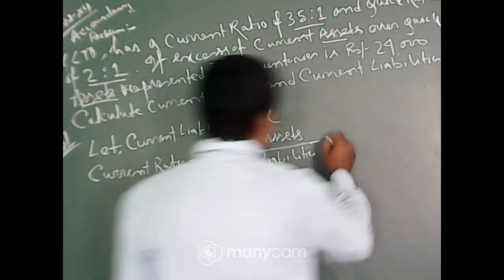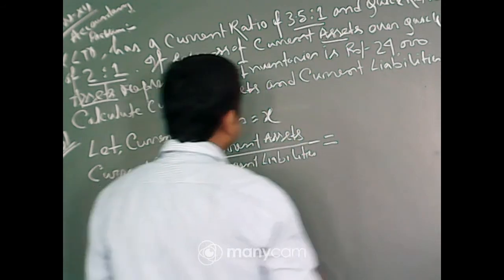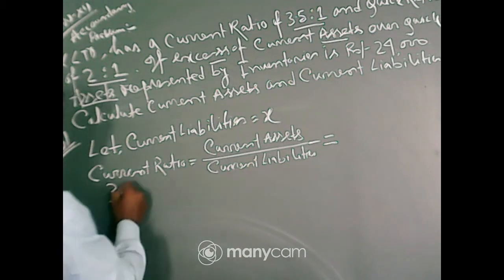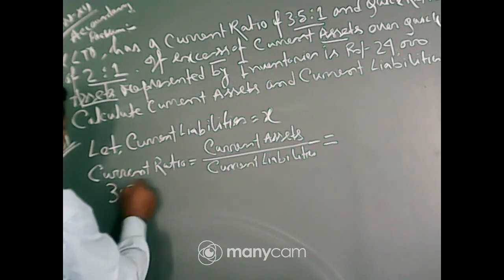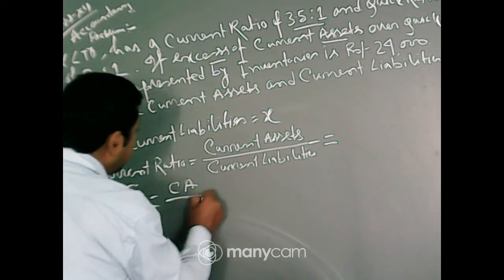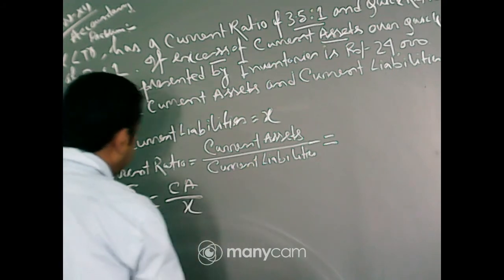Now 3.5:1, that is 3.5/1 equals CA by, instead of current liabilities we have assumed X, so X we can write.